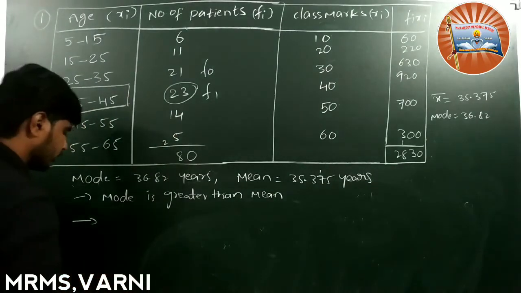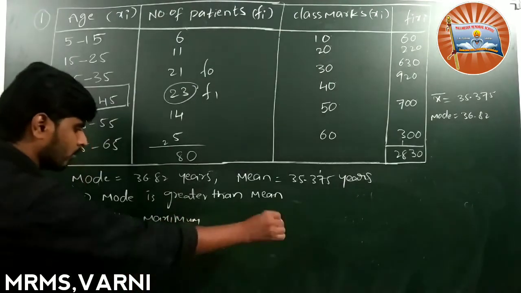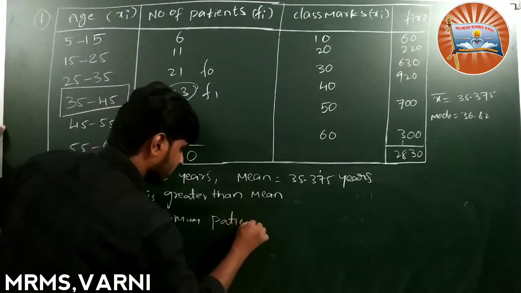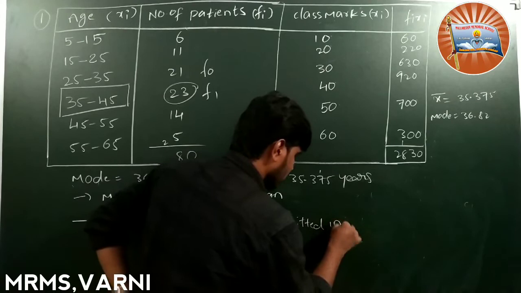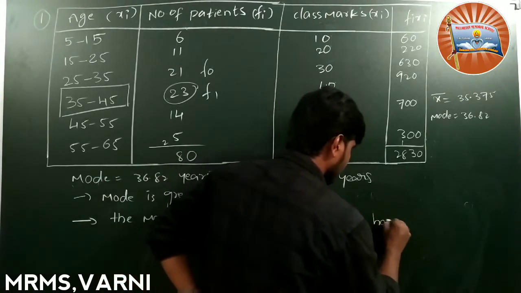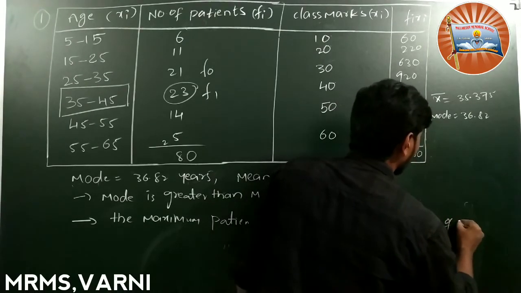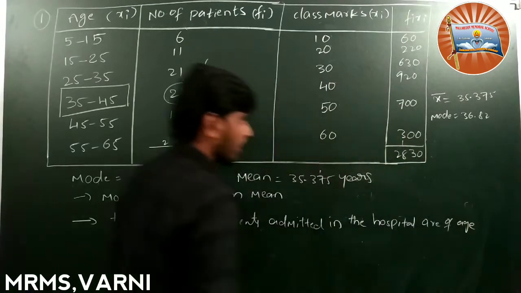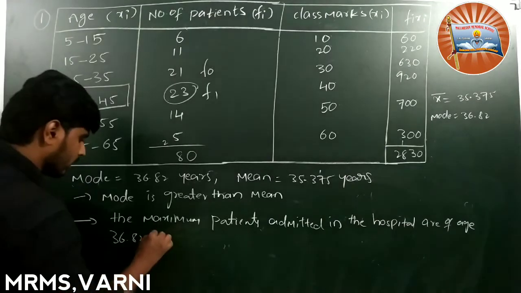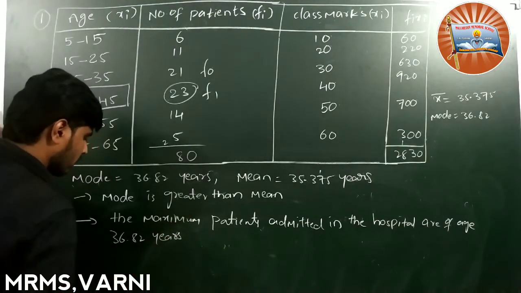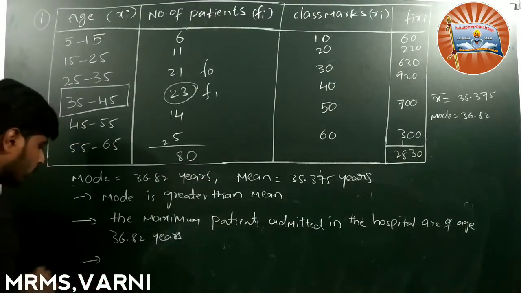Okay. So the maximum patients admitted in the hospital are of age 36.82 years. Okay, these age people are admitted mostly here. Okay, and what about the mean?